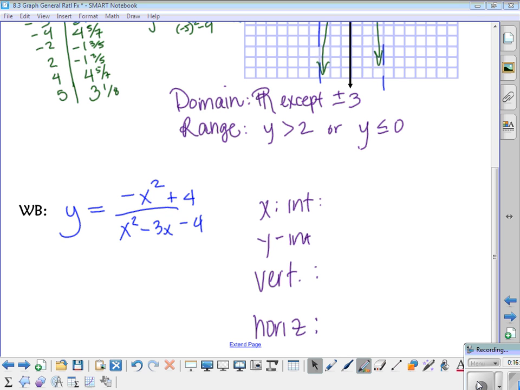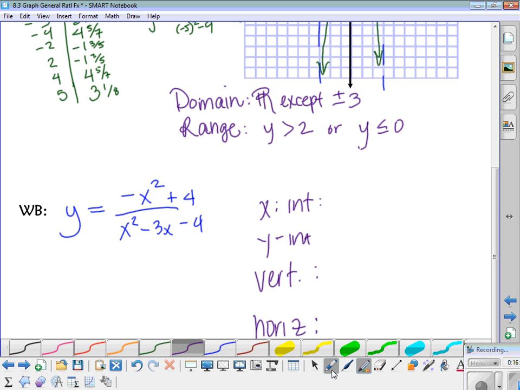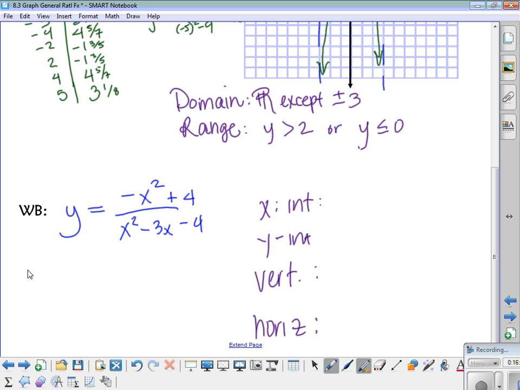All right, so to find the x-intercept, that means that y is 0, so that means the top of the fraction has to be 0. So if I solve that, I get 4 equals x squared, so what does x have to be? Plus or minus 2. So that means it's either (2, 0), and it could be at (-2, 0). We have 2 x-intercepts on this one, okay?